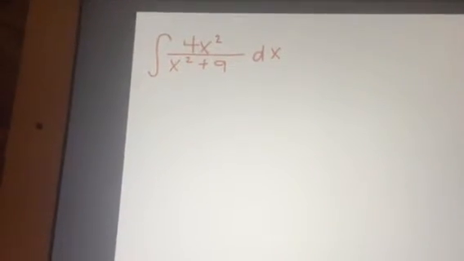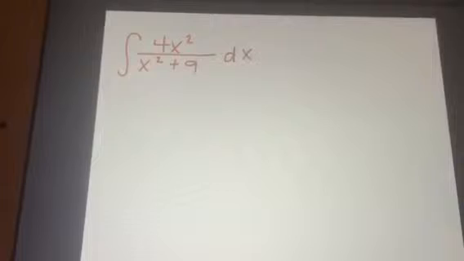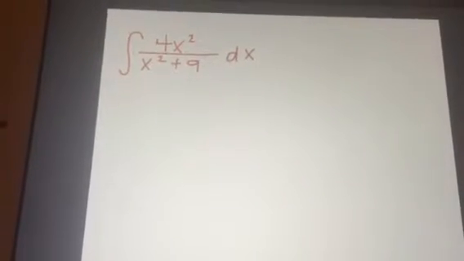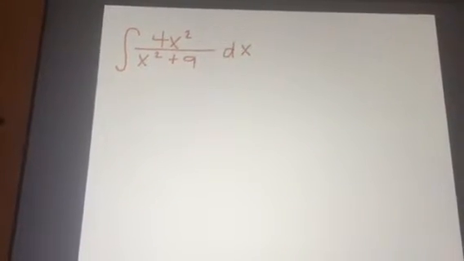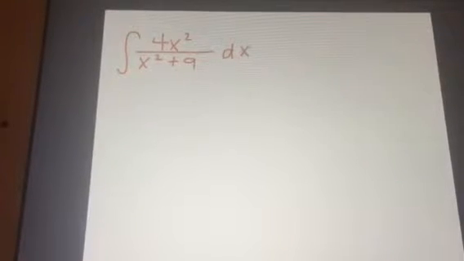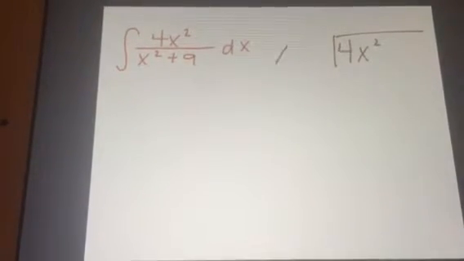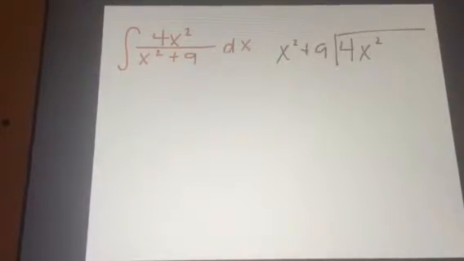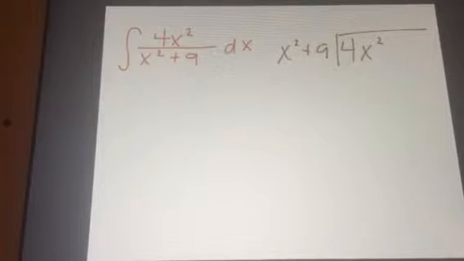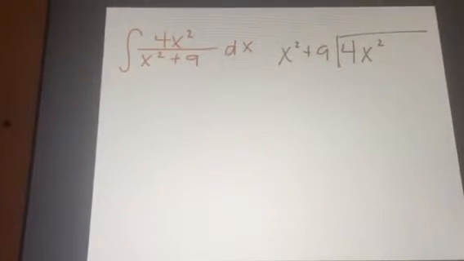On this example, now we have 4x squared on the top, and our degrees are matching up here, so what we're going to do is we're going to use long division to simplify it. So we'll have this. We want 4x squared, we have an x squared, so we're going to multiply by 4.